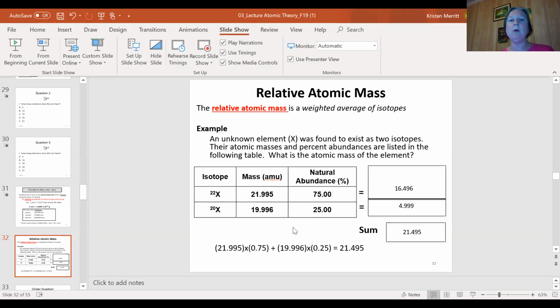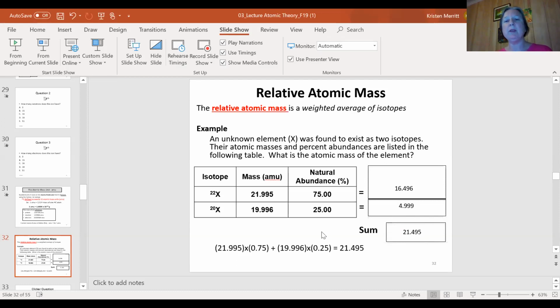You simply say, okay, 75% of the total mass is this. 25% of the total mass in nature is this. So you multiply this mass times 0.75, you get this. You multiply this mass times 0.25, the fraction, and you get this, you add it together. So this is the weighted average of this element in nature, if you consider all of the isotopes.